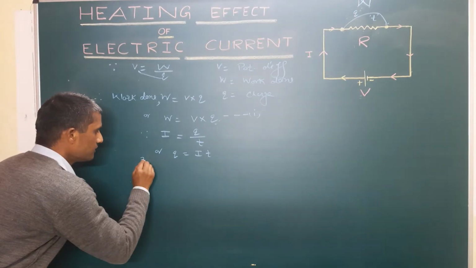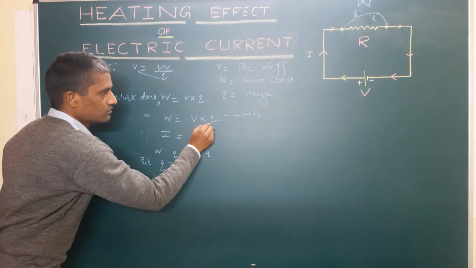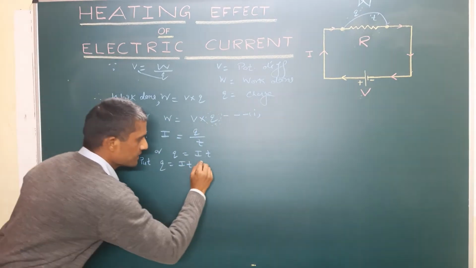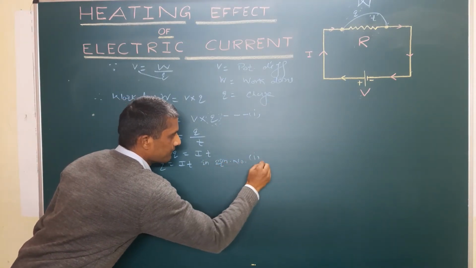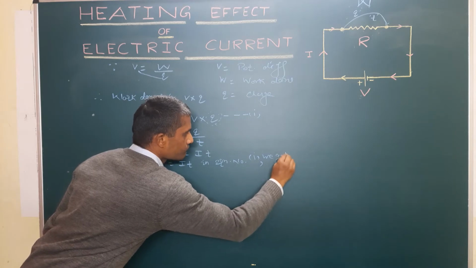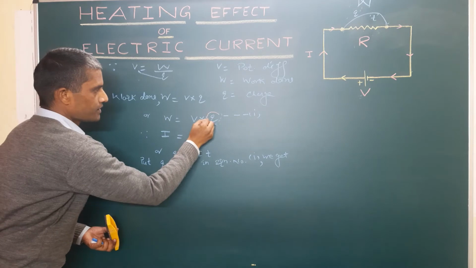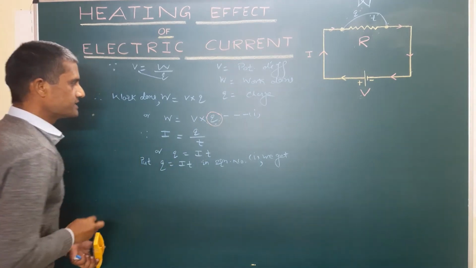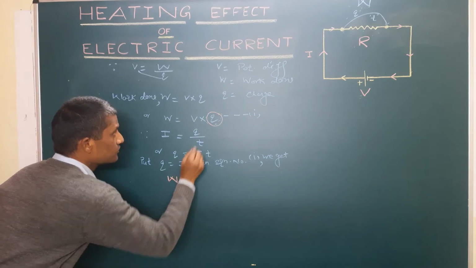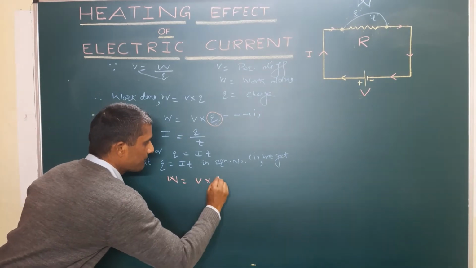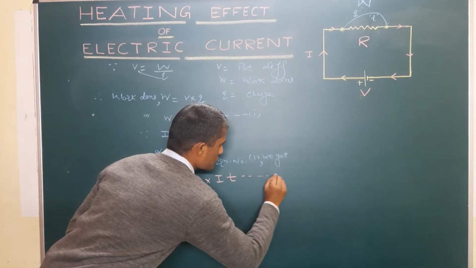So put Q is equal to IT in equation number 1. In place of Q, we are going to put IT. So equation 1 becomes W is equal to V multiplied by IT.